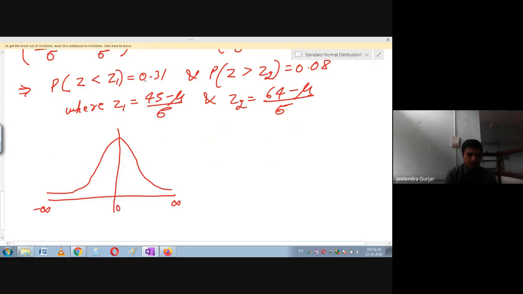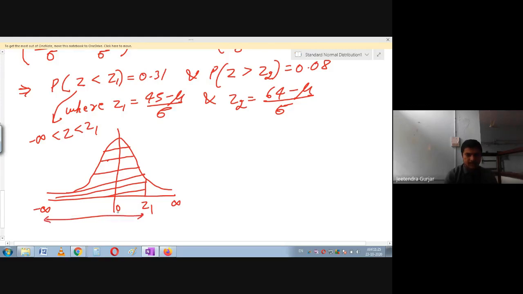Z1 is positive 0.31, so I'm going to fix z1 here. Lower limit is not given, which means you have to remember it is minus infinity. So this full area you have to calculate, student, for this variate.